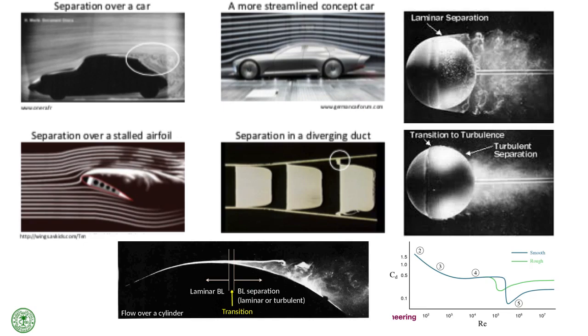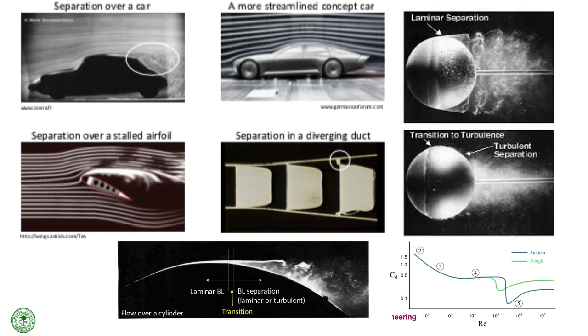In a laminar flow, the kinetic energy of the fluid particles is lower than in turbulent flow, so the flow separates much earlier, and in a turbulent case, the boundary layer separates much later.